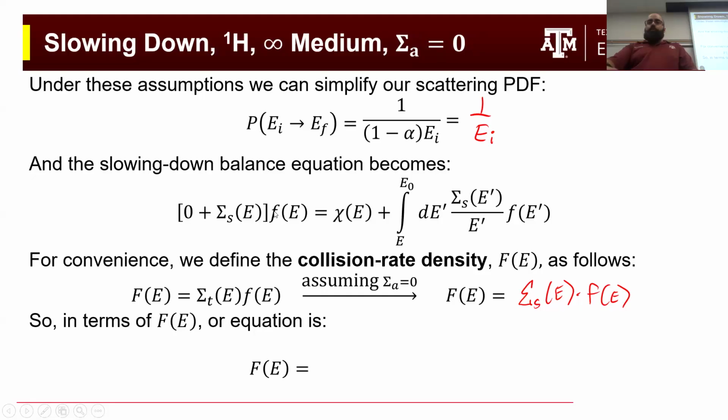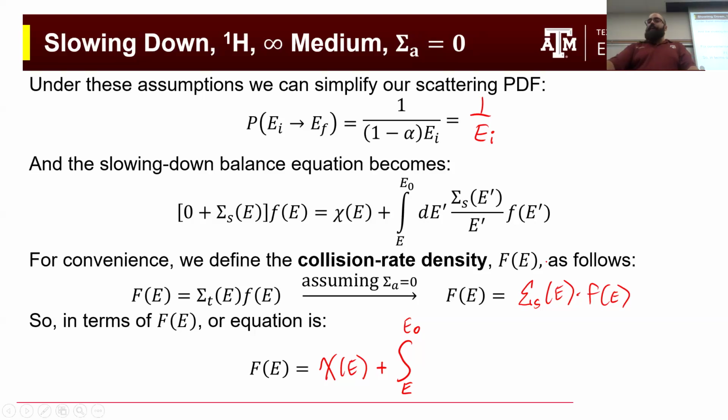So what I'm going to do is use that definition right here. On the left-hand side, I'm going to have this product, sigma S times little f of E, which is my big F of E. And then nothing is changing with chi, so I'm still going to have a chi of E. And then I'm going to have this integral going from E to that cutoff energy E0.